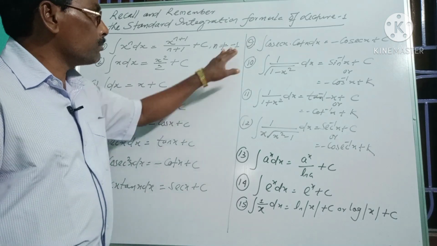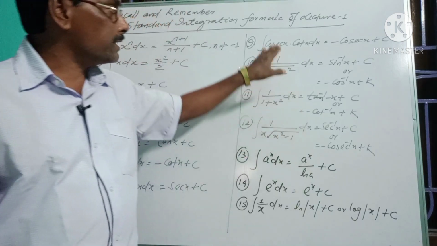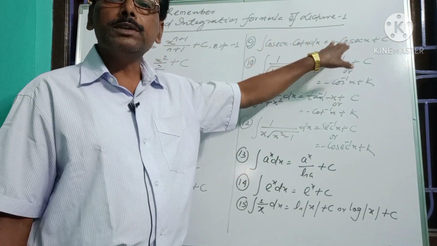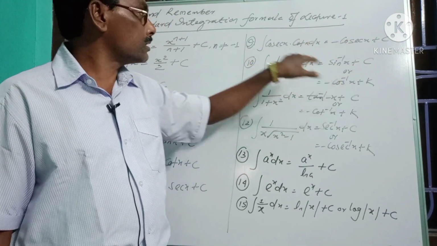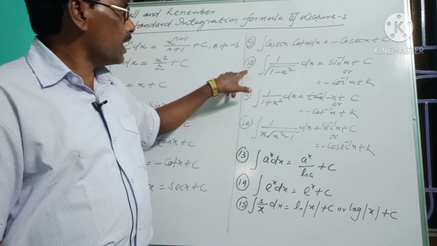Then in the ninth formula we have derived integration of cosec x into cot x is equal to minus cosec x plus c, because the derivative of minus cosec x plus c is nothing but cosec x into cot x. So this we have derived.